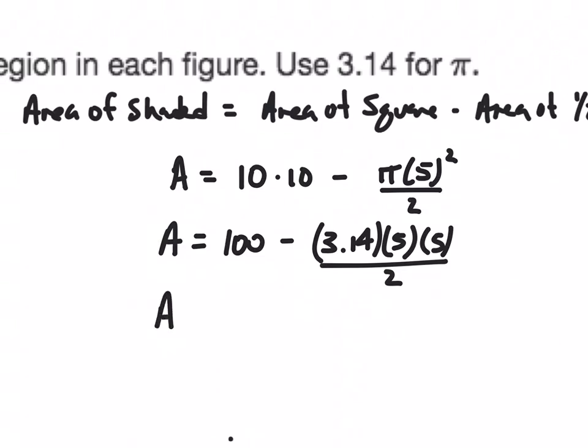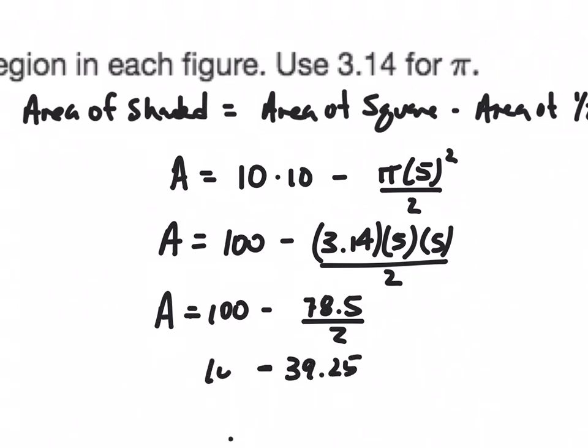So area is equal to 100 minus 78.5 over 2. If I divide that part by 2, that's going to give me 39.25. So minus 39.25, and then 100 minus that. So I'm going to do 100 minus 39.25.